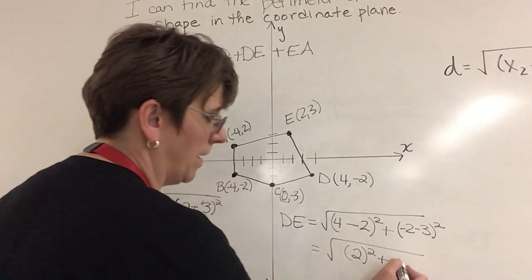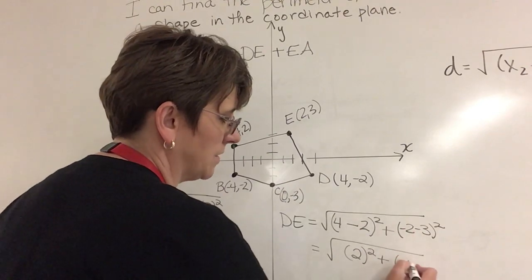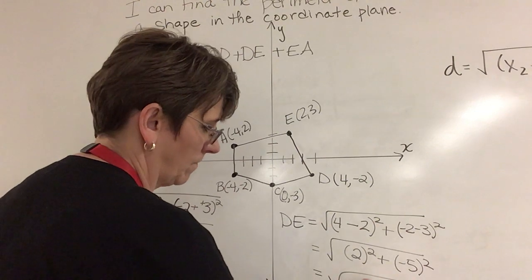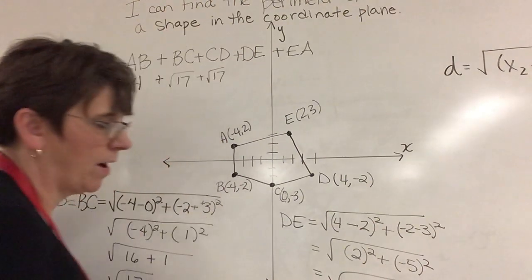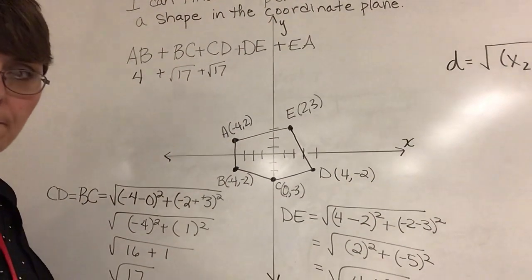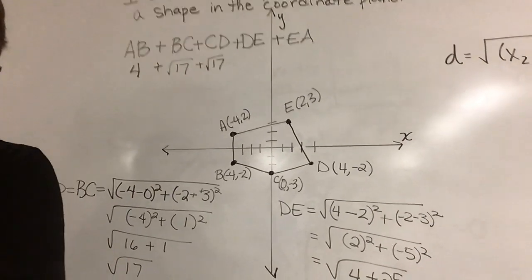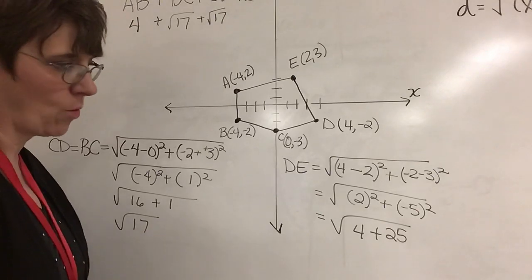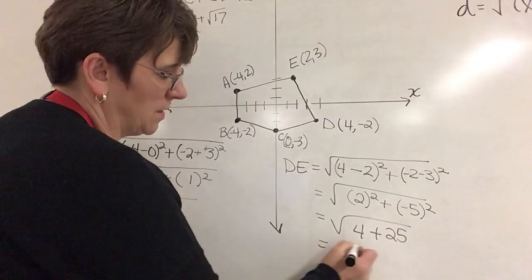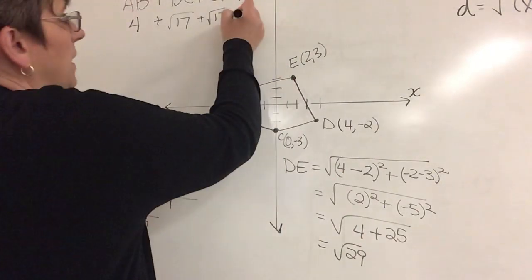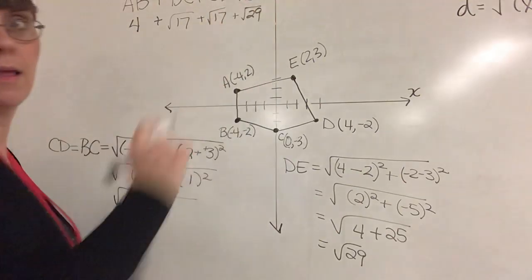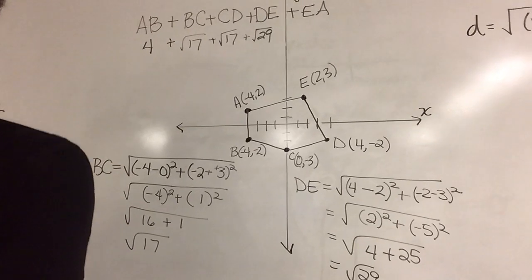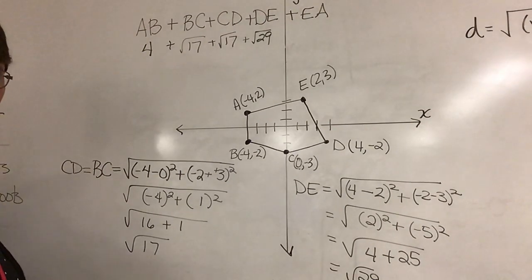I'm going to square that in a bit. -2 minus 3 is -5. When I square those values, 2 squared is 4. 5 squared or -5 squared, either one is going to be 25. So this DE will be the square root of 29, which I'm putting up here in my notes where I'm keeping track of my lengths.